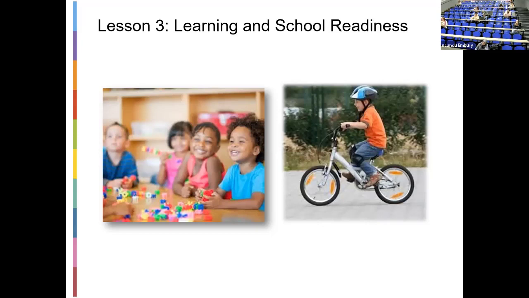So we look at how we prepare their children for formal schooling in grade R when they go to grade 1. And we examine the criteria for school readiness. So how do we know when a child is school ready? And then we also look at the late developer. What are the causes of late development, and how do we deal with this in the classroom environment?